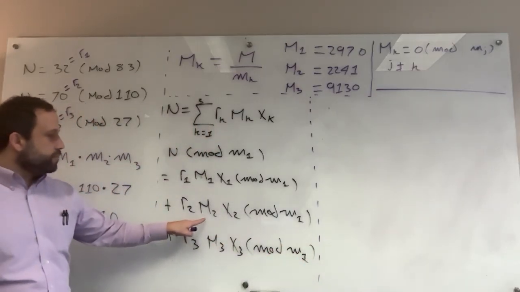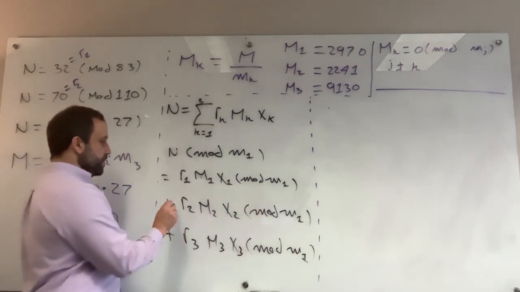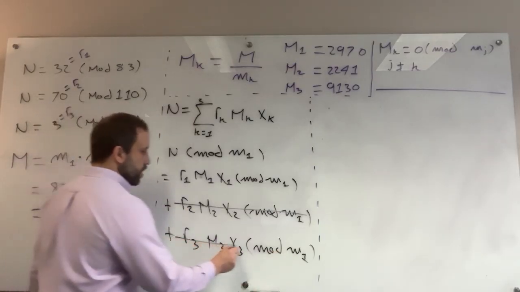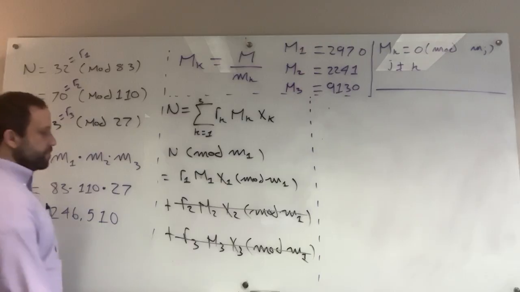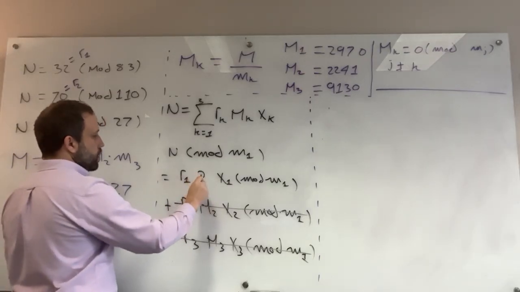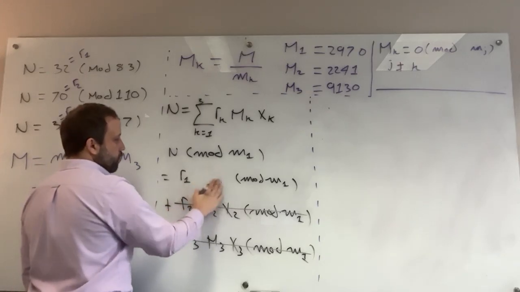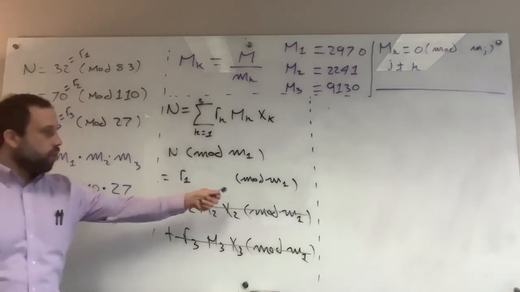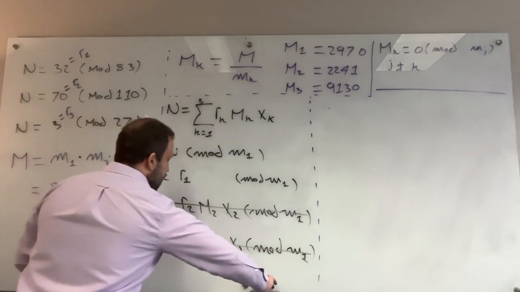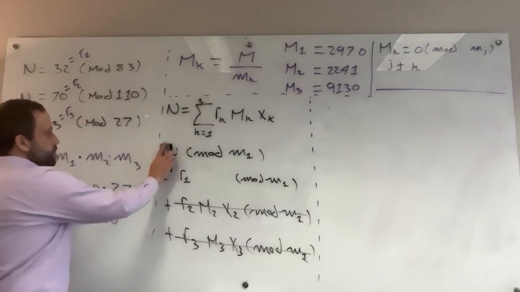Now here, since big M2 is a multiple of little m1, I know this is going to be 0 mod little m1. And since M3 is also a multiple, I know this is also going to be equal to 0 mod m1. Now M1 is equal to P1 mod m1, and P1 times x1 is equal to 1 mod m1. So then we're just left with R1 mod m1, and R1 is equal to 32. If you're comfortable with modular arithmetic, that should be sufficient.